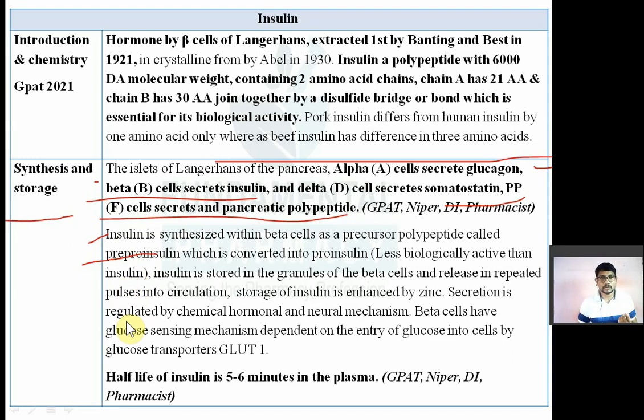This pre-pro-insulin is converted into pro-insulin after post-translational modification. The pro-insulin has less biological activity as compared to native insulin. This pro-insulin is stored in the granules of beta cells of the pancreas and released upon a stimulus.